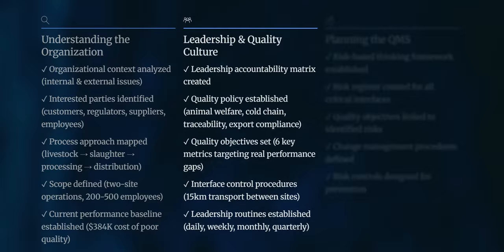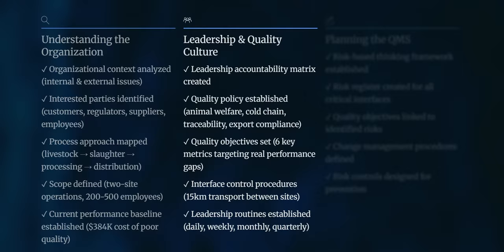Then in Module 2, which is leadership and quality culture, we have covered the following. We have created leadership accountability metrics. We have established a quality policy covering animal welfare, cold chain, traceability, and export compliance.